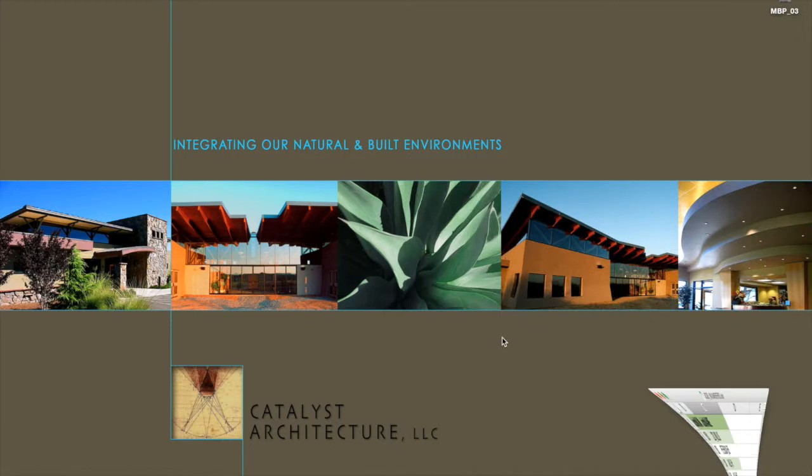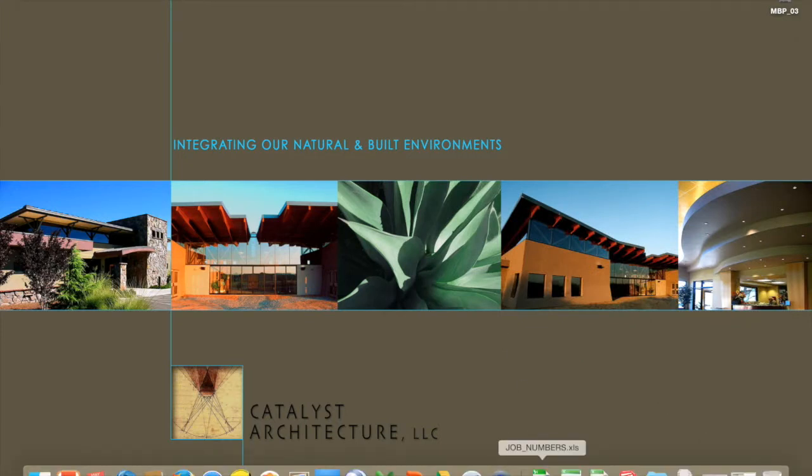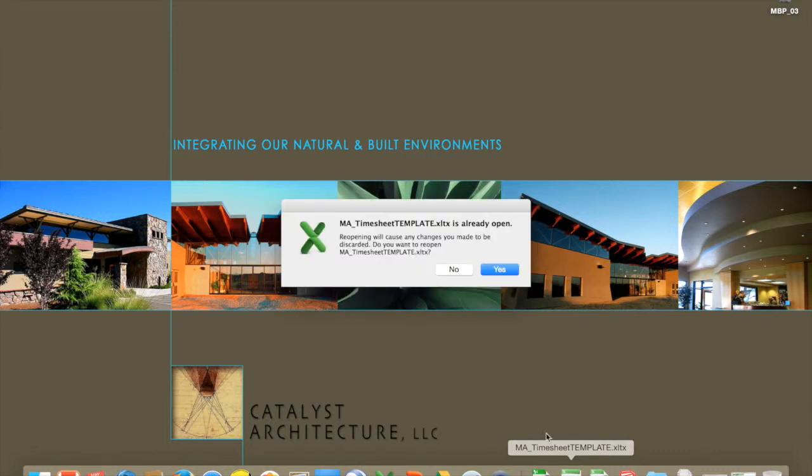You can minimize that window, but having it open will make sure that your timesheet shows the current active jobs off that file. Next, find your timesheet template file wherever you've got a link to that, and launch your timesheet template.